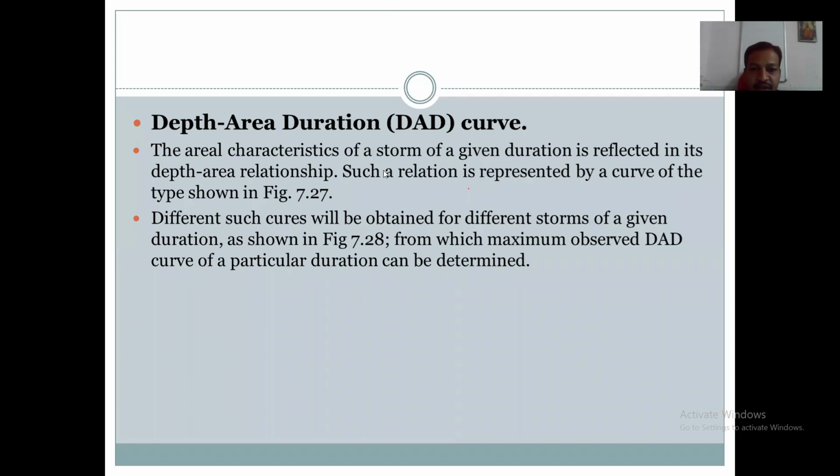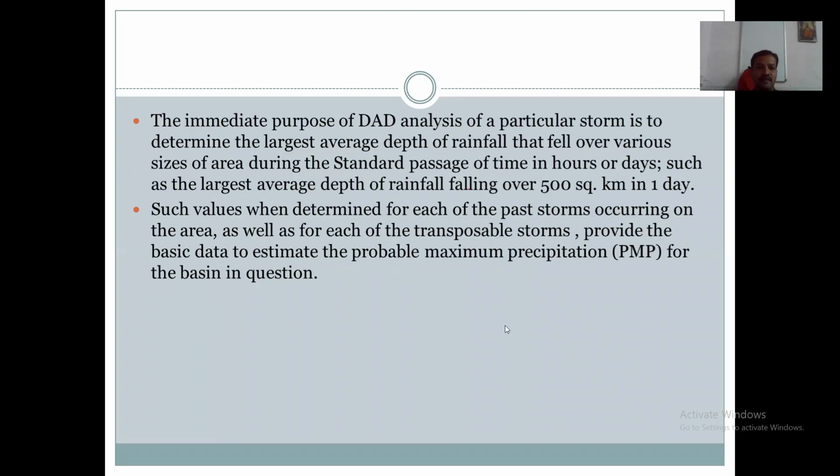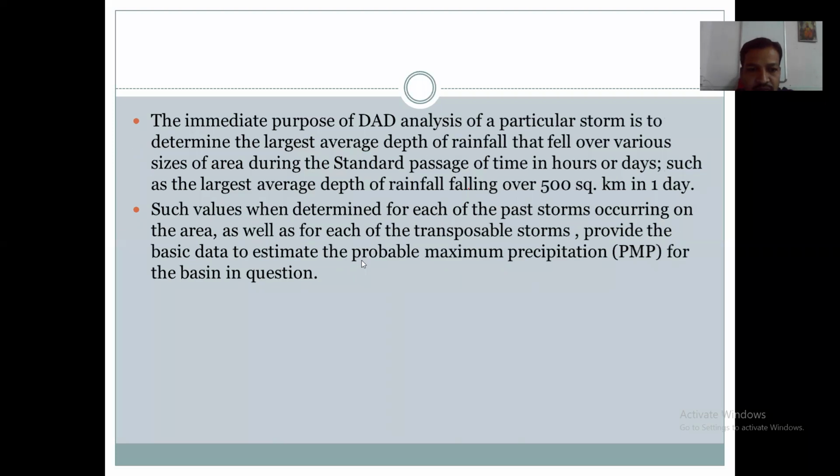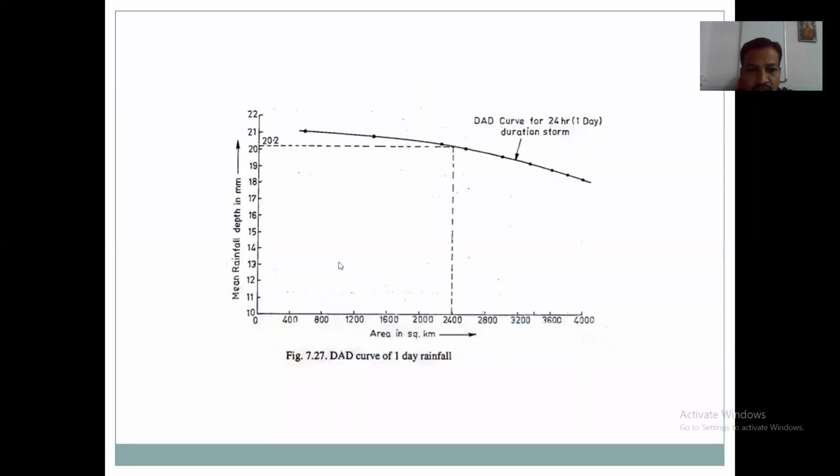So this is a depth area duration curve. It shows the aerial characteristics of the storm for a particular duration. See this graph, the DAD curve for 1-day rainfall is shown. On the x-axis, the area in square kilometer is given, and on the y-axis, the mean rainfall depth in mm is given.